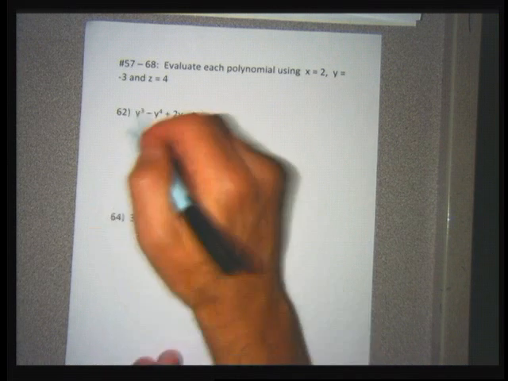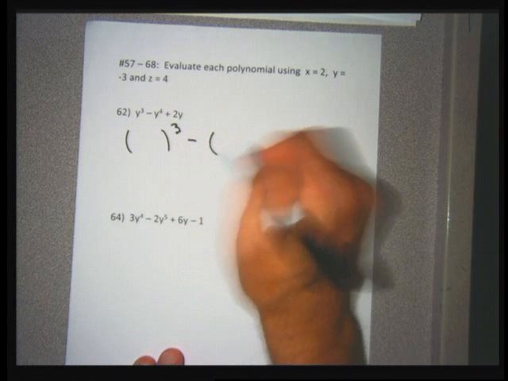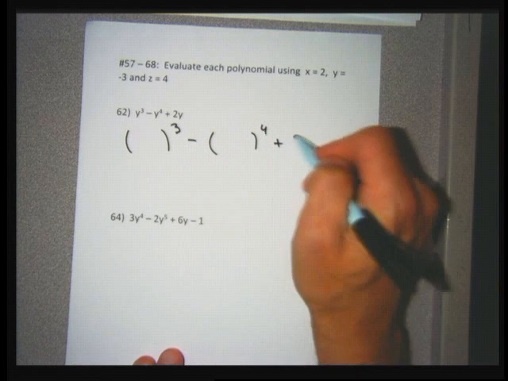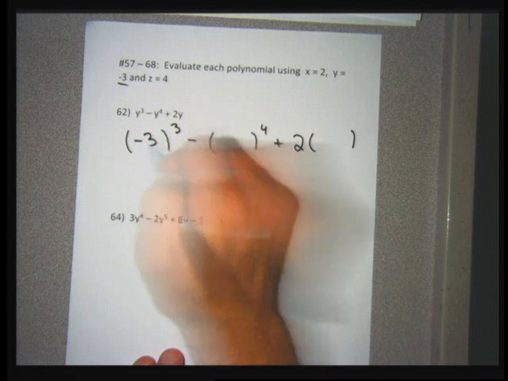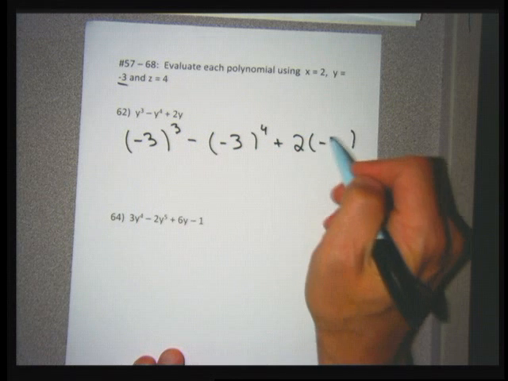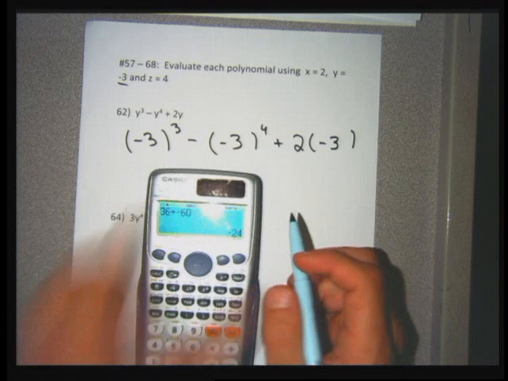I'm going to go parentheses cubed minus parentheses 4 plus 2 times parentheses, and I'm changing the y to negative 3. Again, I can do this on my calculator and it won't mess me up.